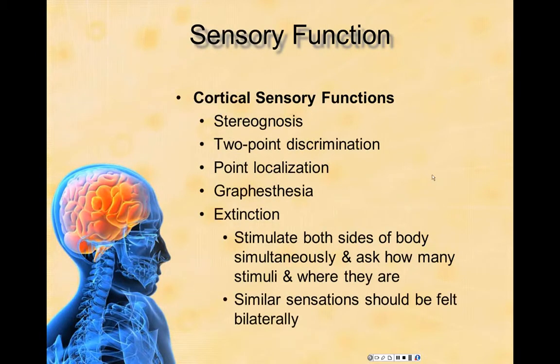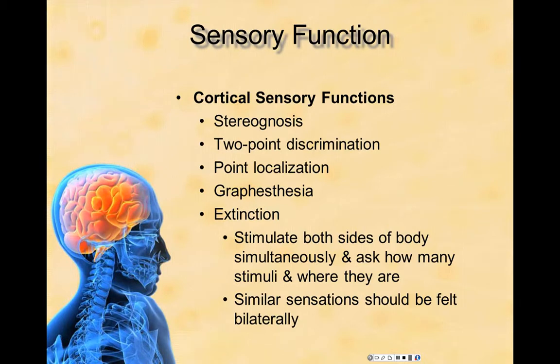Cortical sensory function is evaluated through stereognosis, which is describing an object that's placed in your hand. 2-point discrimination, where you actually touch the person in 2 points and get closer and closer until they can't discriminate between the 2 points.